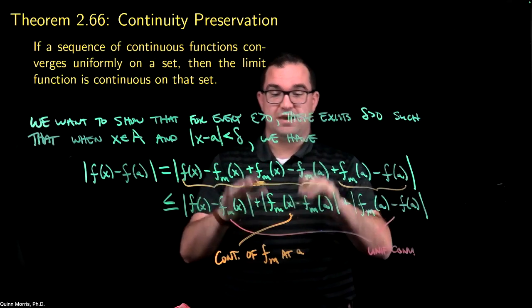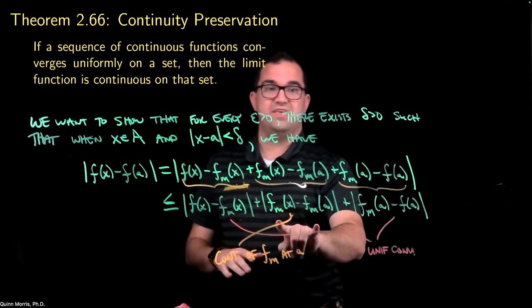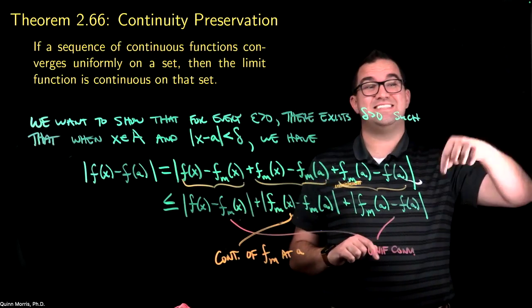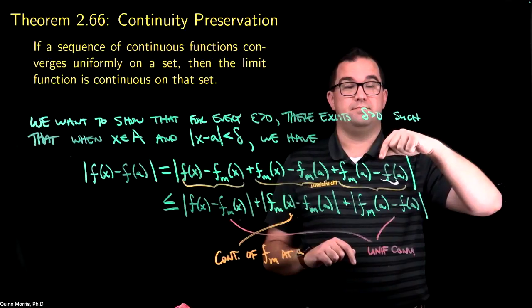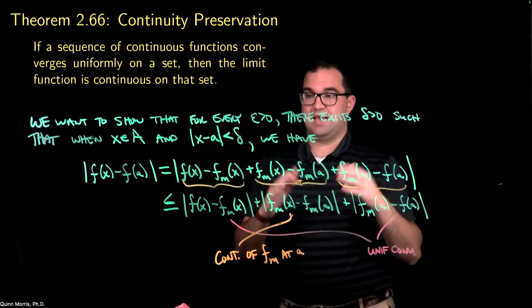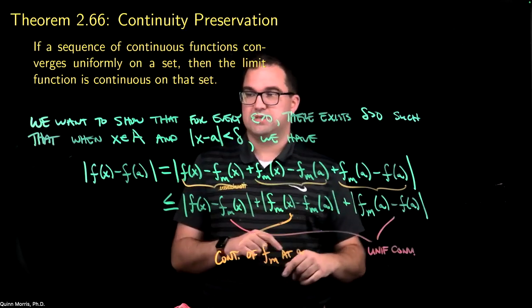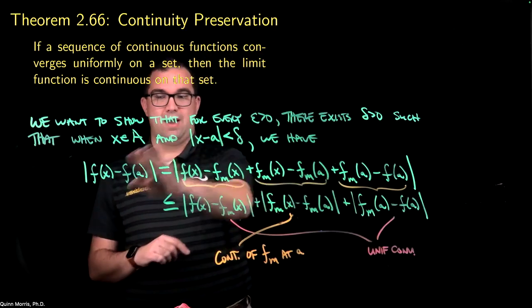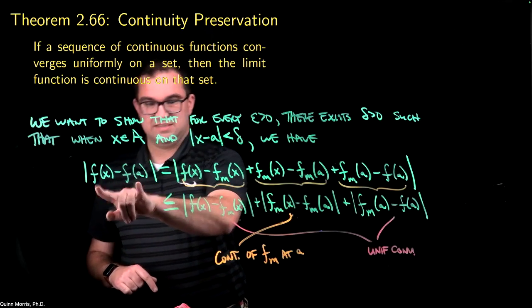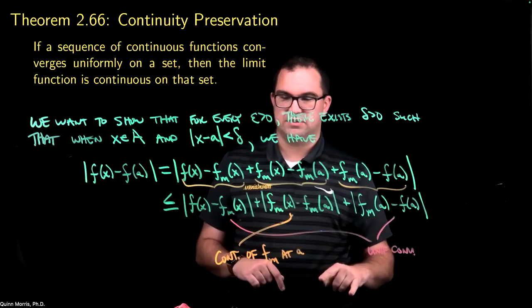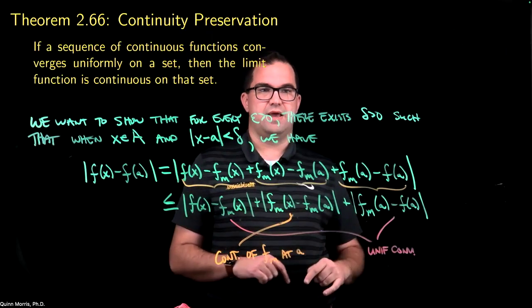And now that my m is fixed, I can control this difference using the continuity of that specific f sub m. So that's the idea of the proof: I need to control each of these terms. At the end of the day, I'll wrap it all up and say this difference is less than or equal to this difference plus this difference plus this difference, and each of these I can make smaller than epsilon over 3.